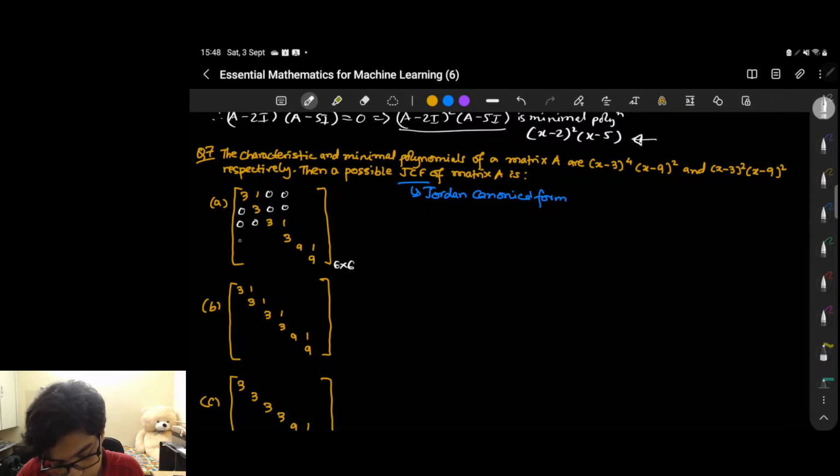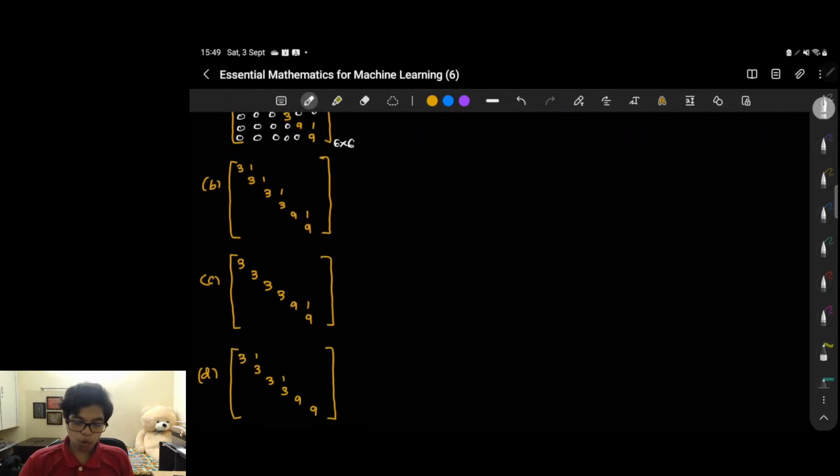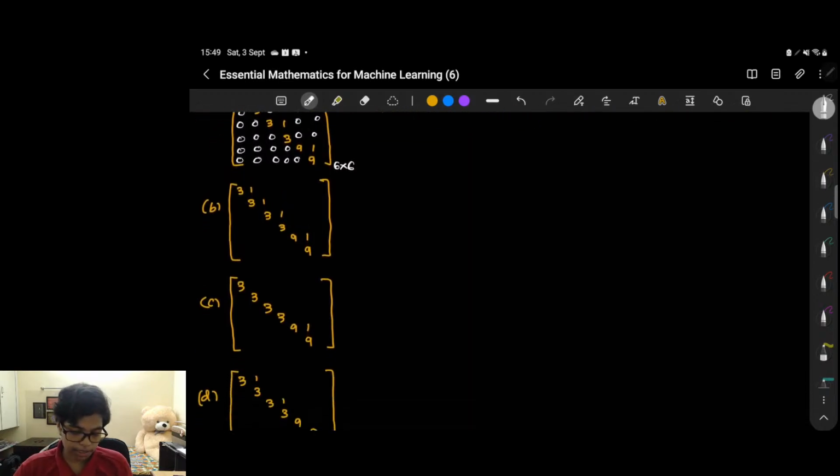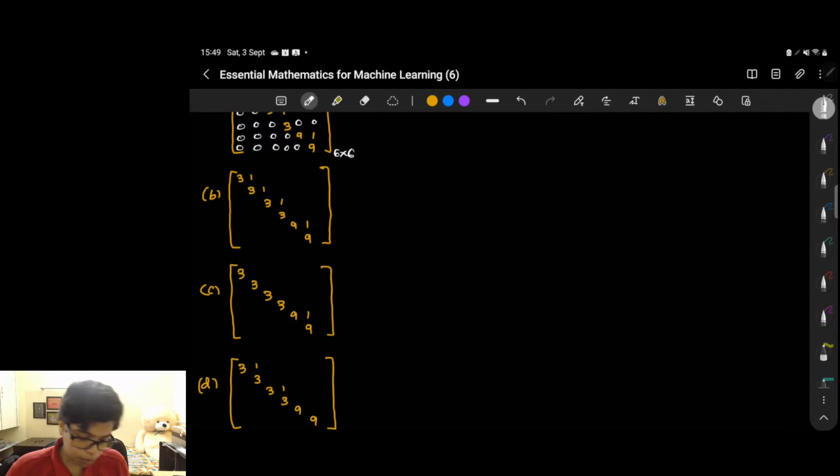Writing all these zeros is pretty cumbersome, so I only wrote down the non-zero elements for you, and you can fill in all the zeros over here. All the elements that I've written in these options are the only non-zero elements. The rest of the elements in the 6 cross 6 matrix are supposed to be 0.